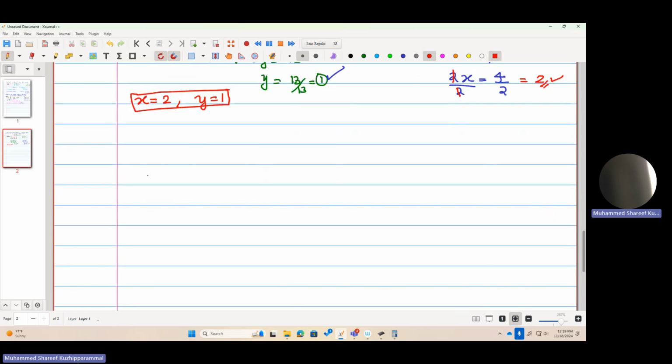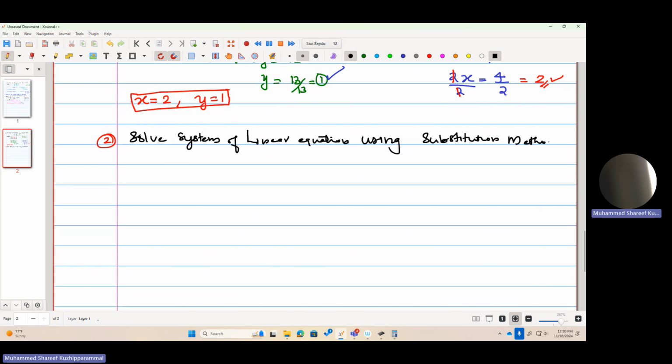Number 2. Solve system of linear equations using substitution method.